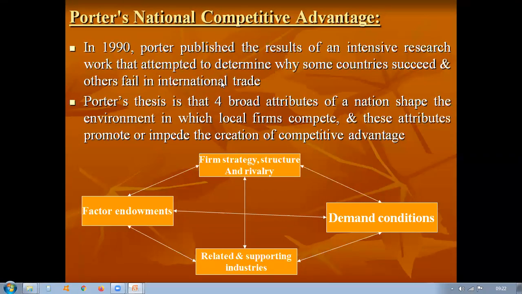This is how domestic demand condition is another factor that determines the competitive advantage of countries. And related and supporting industries, another factor.